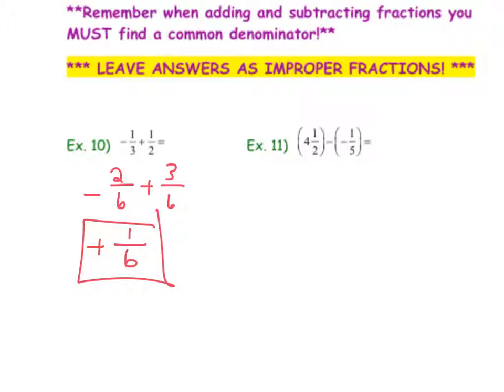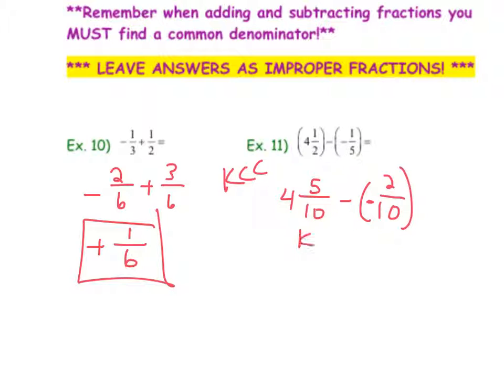For number 11, I need to get a common denominator. So my common denominator would be 10. So 4 and 1/2 is the same thing as 4 and 5/10. Subtracting a negative, and we make this into tenths, so a negative 2/10. All right, now I work on my signs, which remember we're subtracting, so we do keep, change, change.